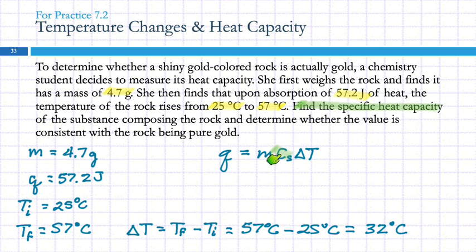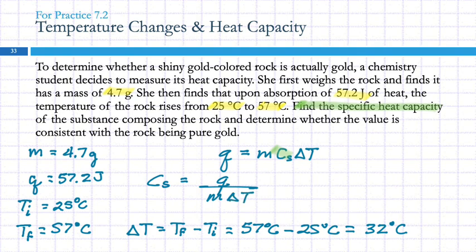So I'm trying to find the specific heat capacity, so I'm going to rearrange my equation. And again, if you need help with that, please come and talk to me during lab, and I will show you. I've got several different ways to help you remember how to do this.